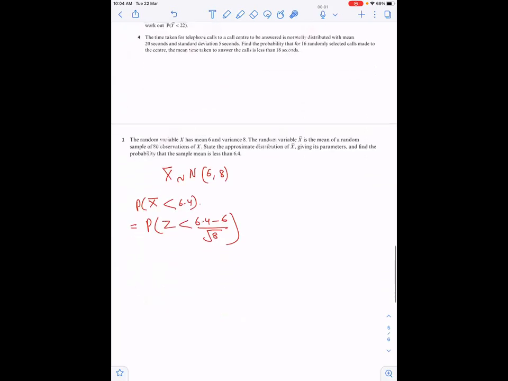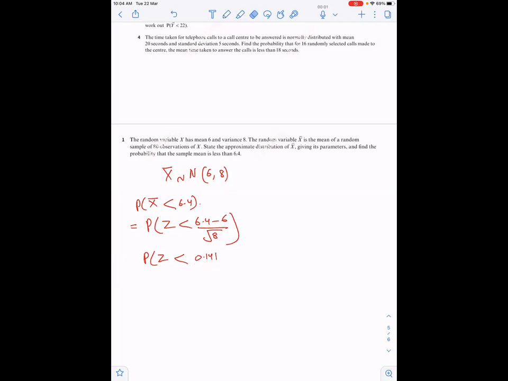Okay, fine. So let's do this question. It says the sample mean is less than 6.4. So 6.4 minus the mean upon the standard deviation. Use the table to get this. I'm first calculating 6.4 minus 6 divided by square root of 8, which is 0.141.